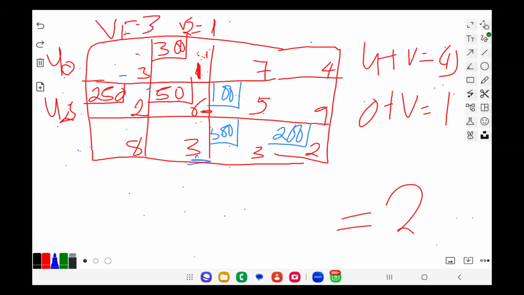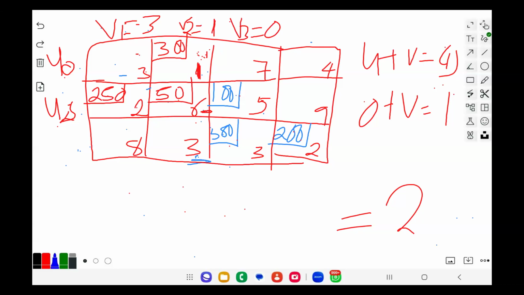Then again, we come to this one, the 5. What will be V3? It will be 0, because 5 plus 0 equals 5.